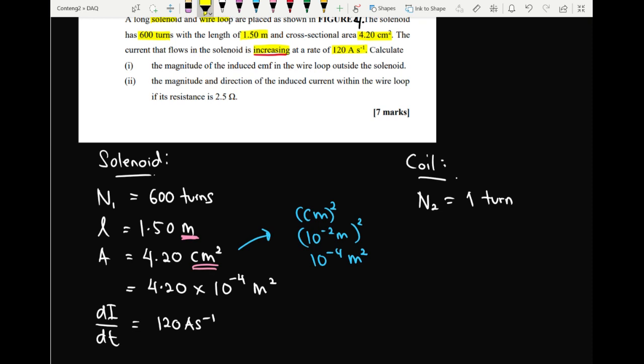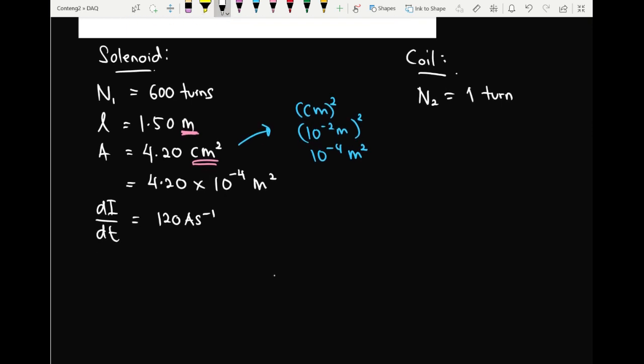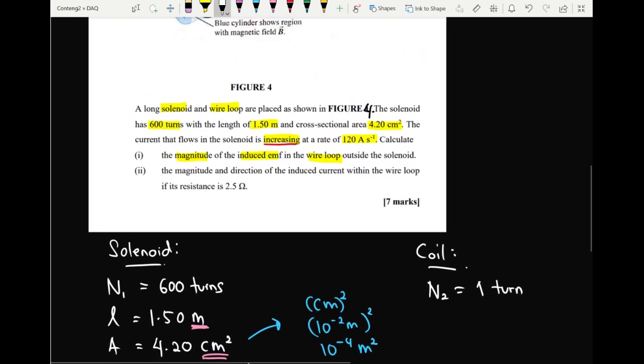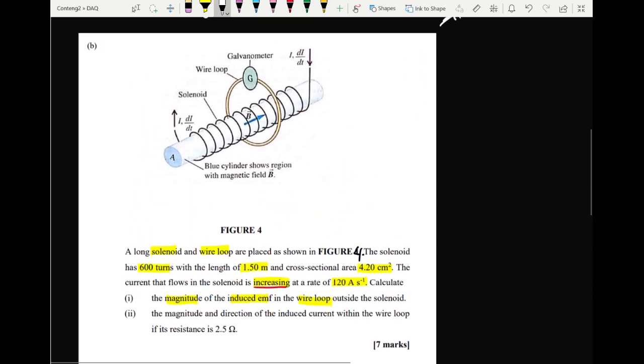For the first Roman, you need to calculate the magnitude of induced EMF in the wire loop outside the solenoid. So we want to determine the induced EMF in the wire loop, not the solenoid. Look at the diagram given.